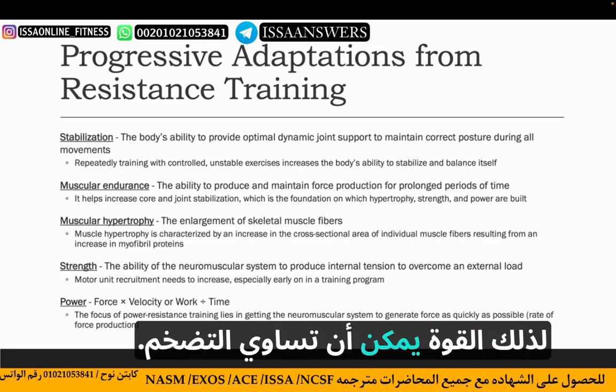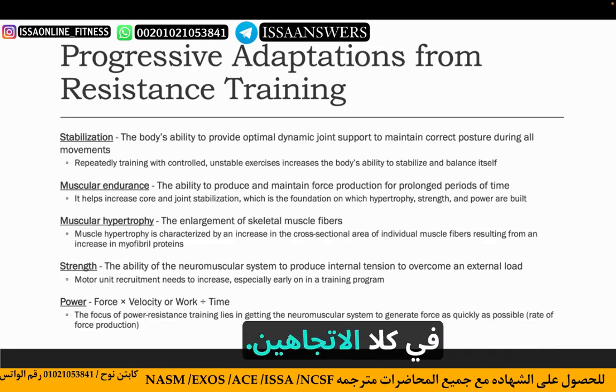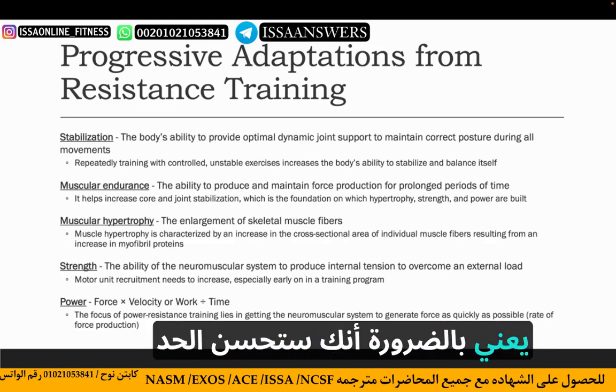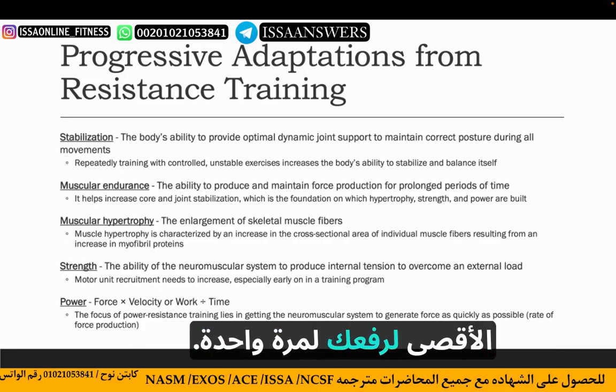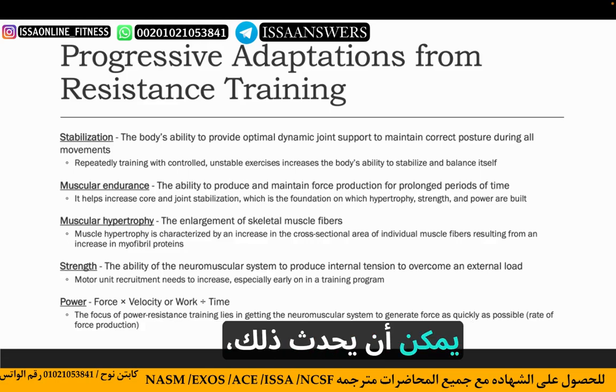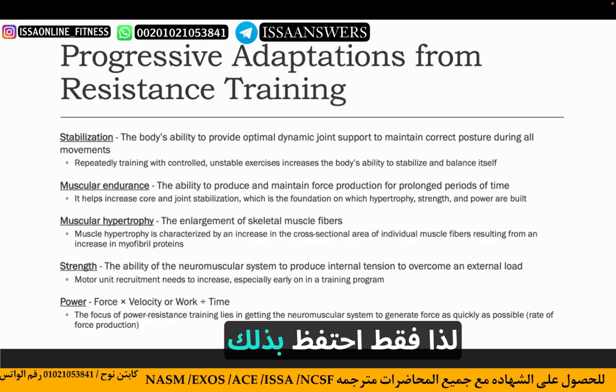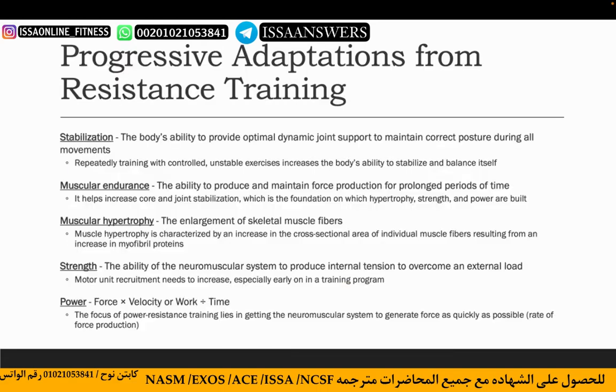So strength can equal hypertrophy. But understand that they don't work both ways. Just because you're training to grow muscles doesn't mean that you're necessarily going to improve your 1 rep max. Now, in some cases, it can, but for the majority, it's not going to happen. Okay, so just keep that in your back pocket.